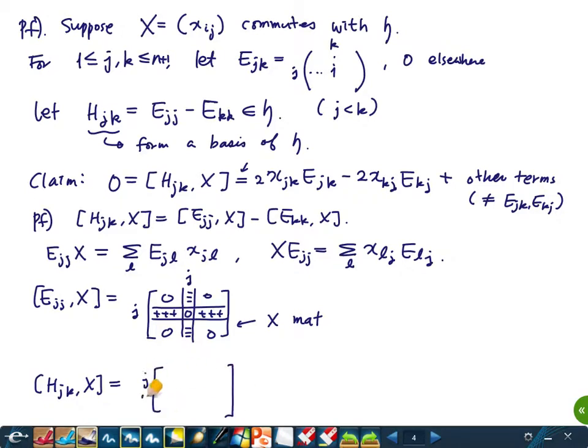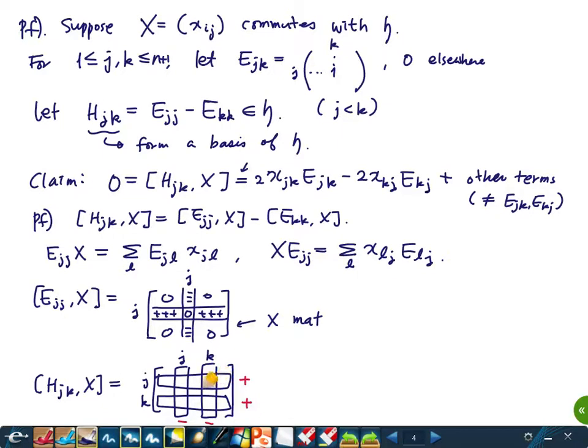So it will look like this. It's jk. Let's say j is less than k. So we have these columns here, all plus, plus, and here all minus, minus, right? Then what happens here?